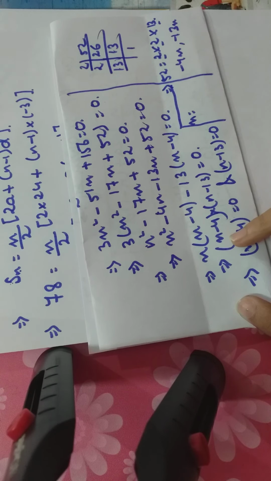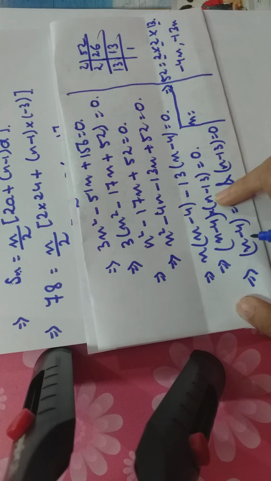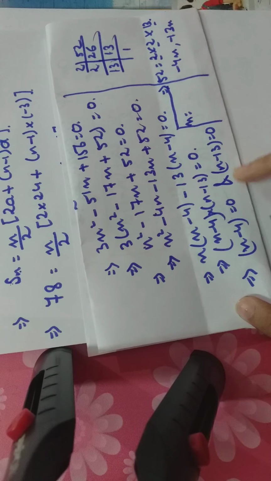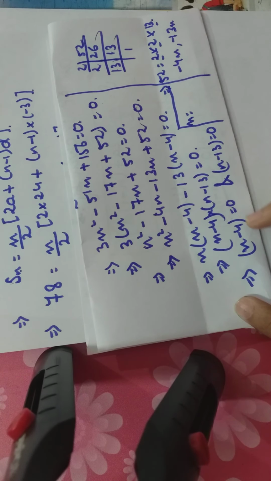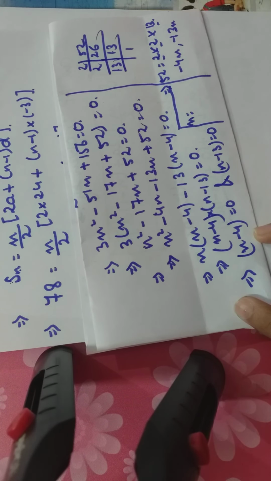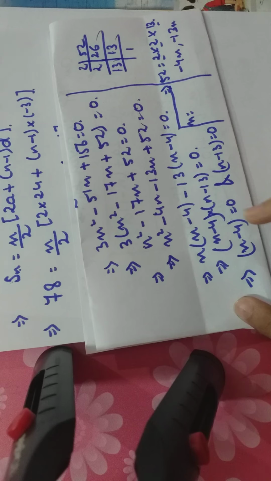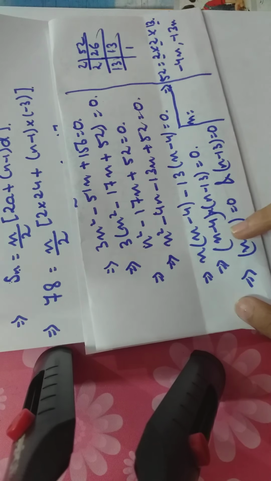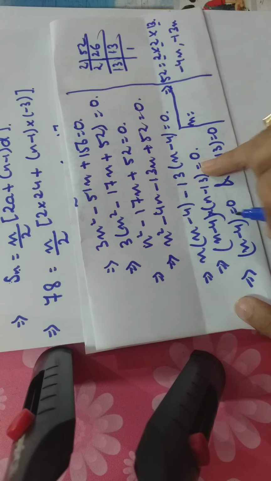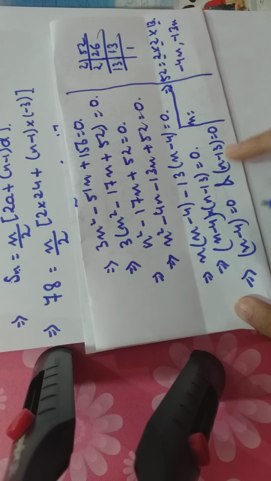Since this is a quadratic equation, we get two values of the variable. Here our variable is n, so the value of n will have two values.